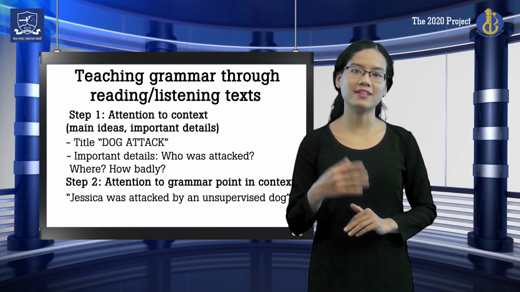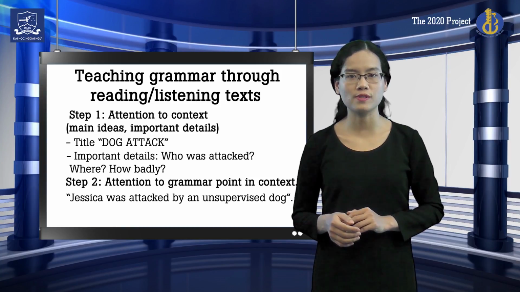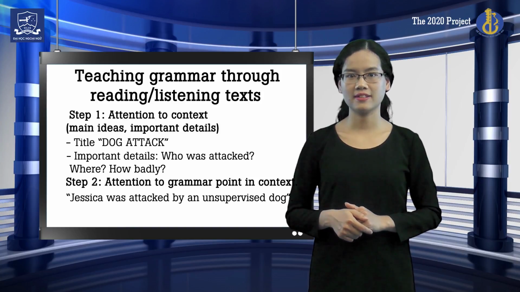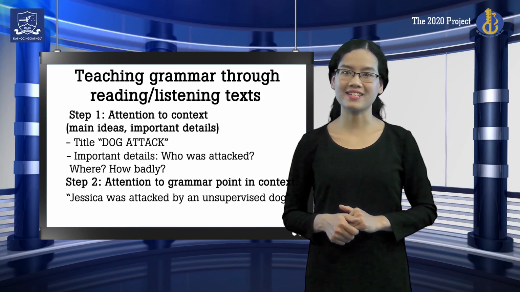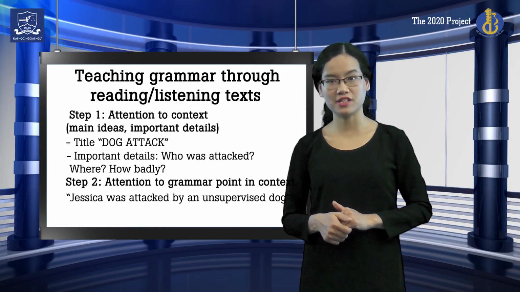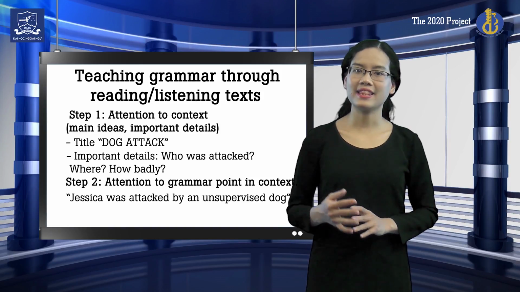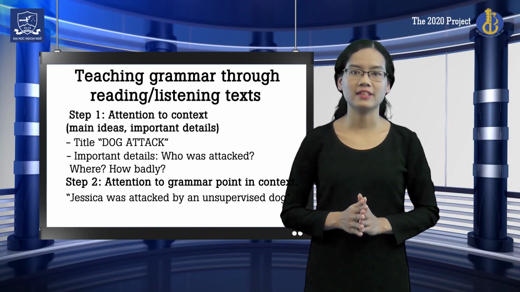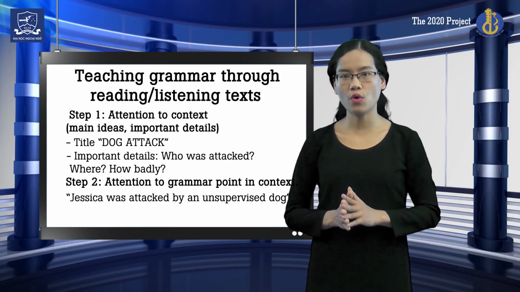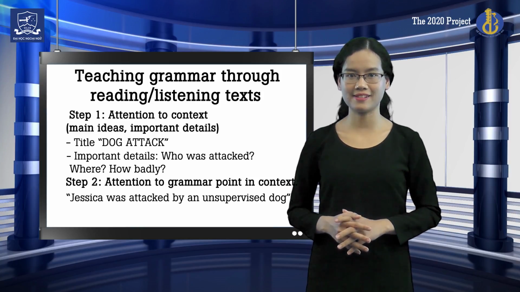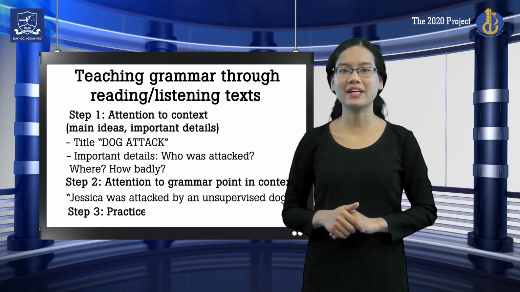Teacher may take two sentences of the passive voice from the text, like Jessica was attacked by an unsupervised dog, and then emphasize the meaning, the usage, and the form of the passive sentence. Then comes practice.